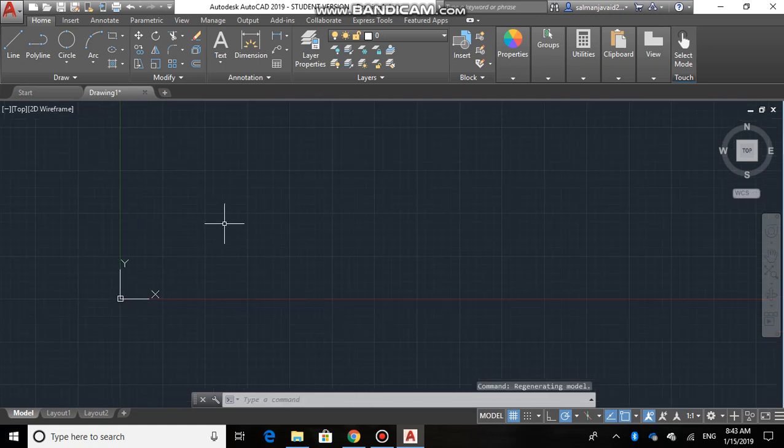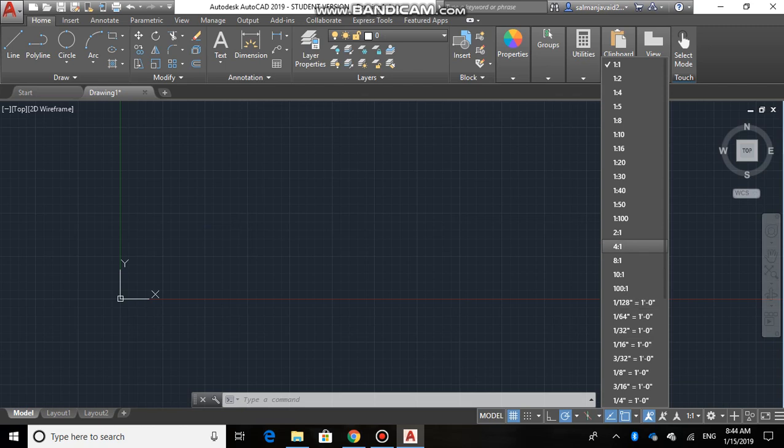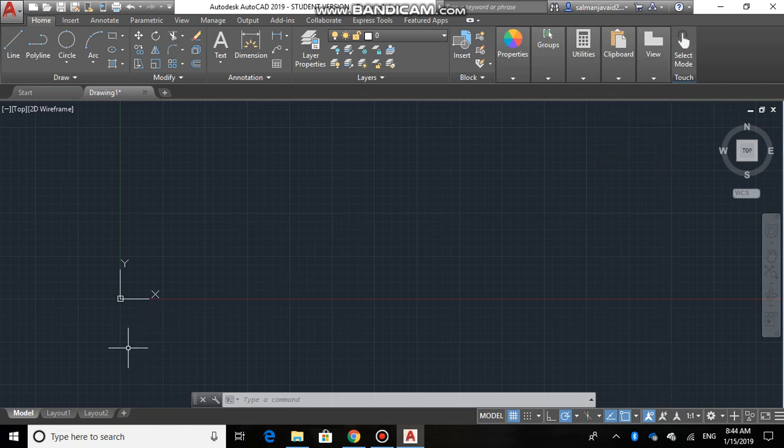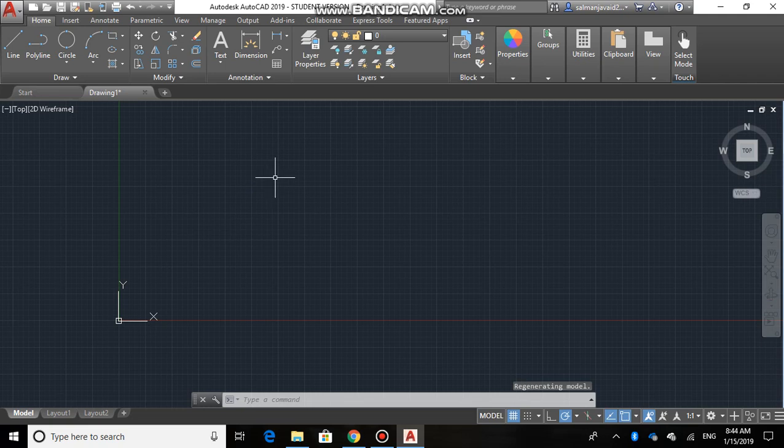So I think that one more thing that we have to use is the scale. 1:1 is preferred for use in AutoCAD because we don't have to get so much confused in conversion of the units. For example, one thing is 70 feet in real life. We draw it 70 feet as it is.